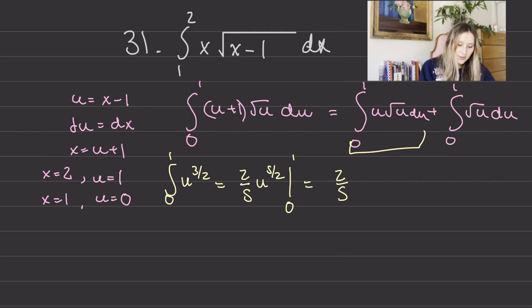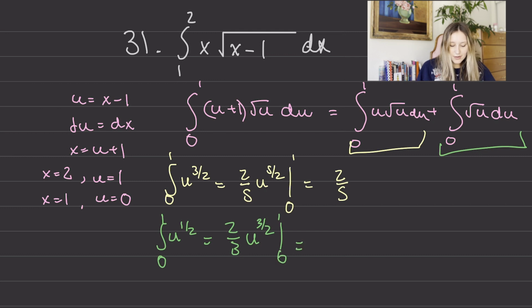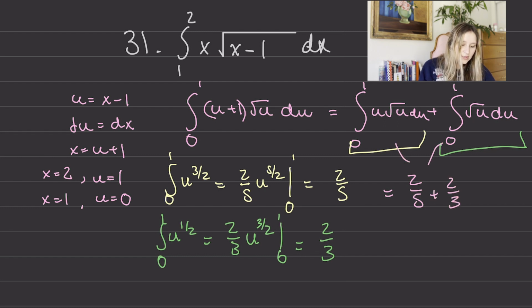And then similarly, this one is going to be u to the 1/2, and that is going to be 2/3 u to the 3/2, and that's going to be 2/3. Then we have the 2/5 plus 2/3, which is the solution to both of these integrals.